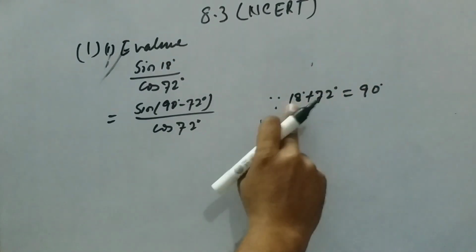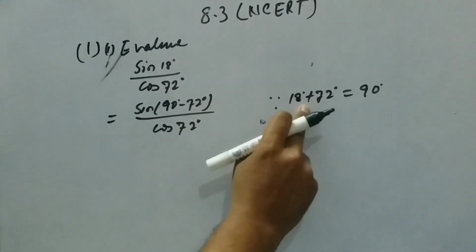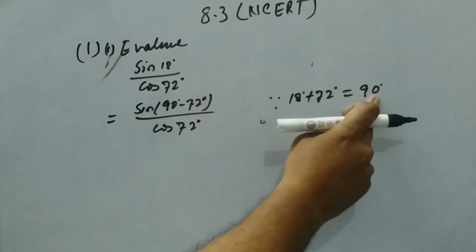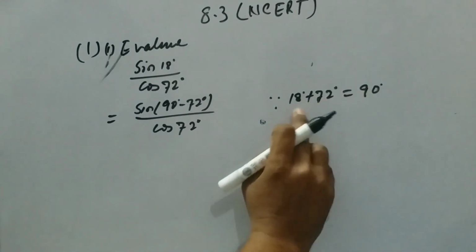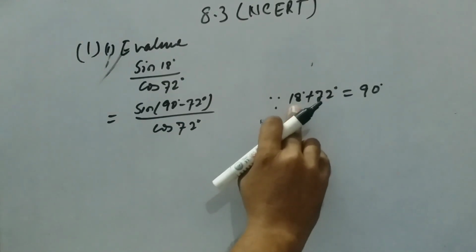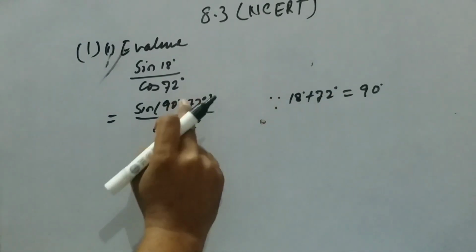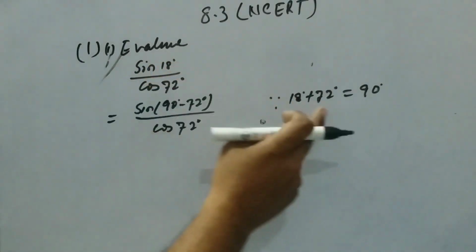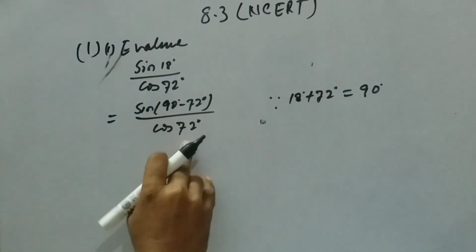So these are a pair of complementary angles, because the sum of these two angles is equal to 90 degree. So you will eliminate any one in terms of the other. Here I have eliminated 18 degree in terms of 72 degree.